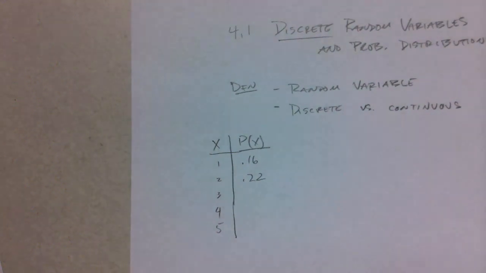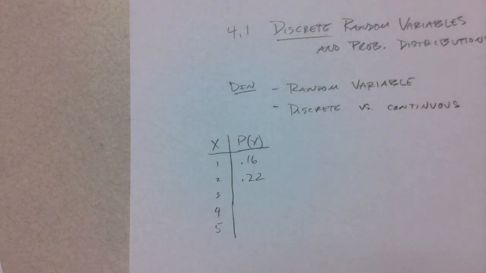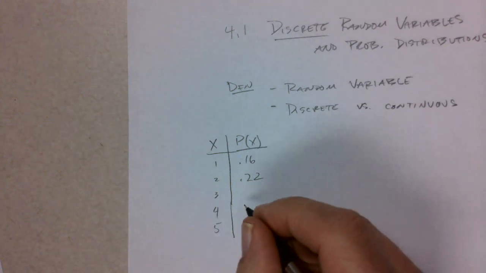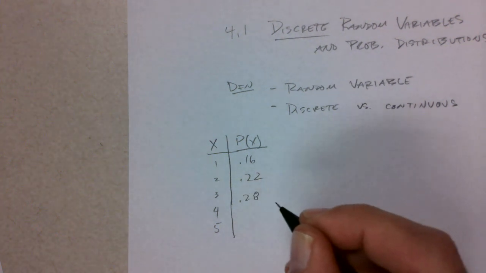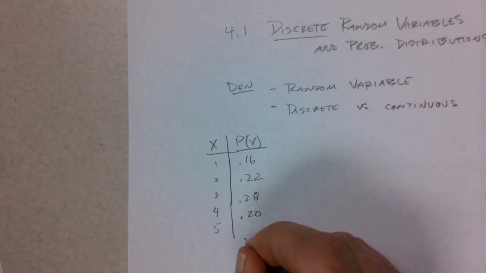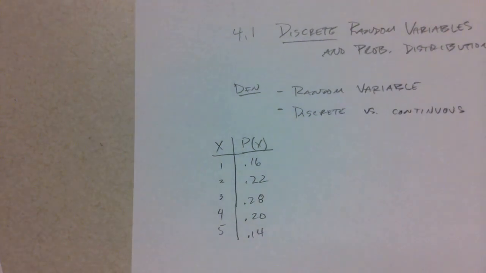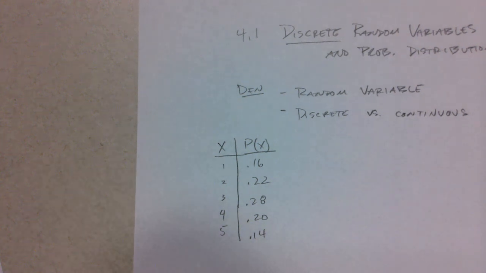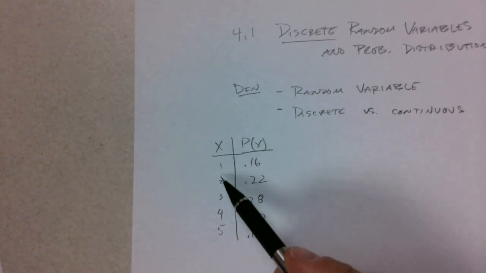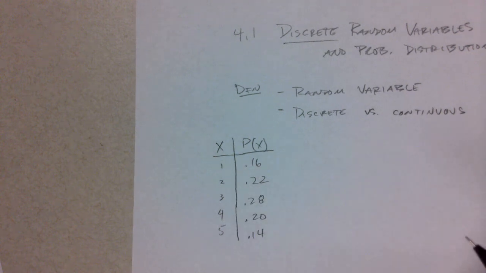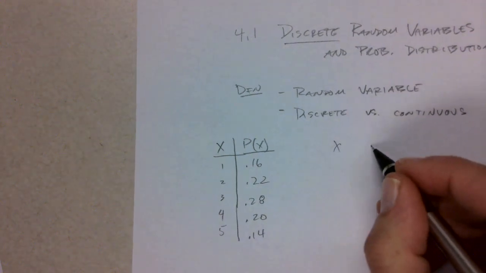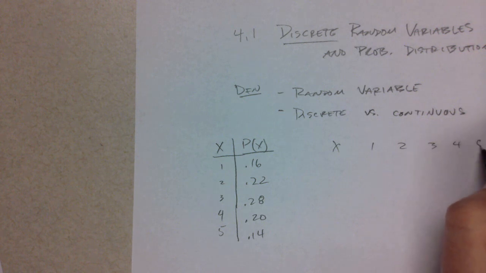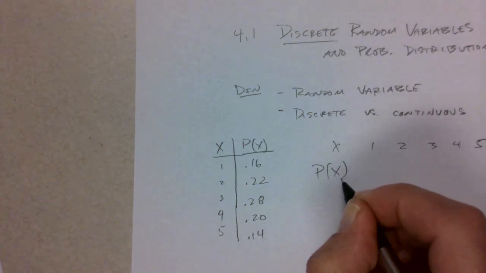Can you see that? I wish I could make this brighter. If you see a chart like that, then you know, oh, this is a discrete probability distribution. These are the finite numbers, right? There's 5 of them in this case. Or maybe it would be written like this: 1, 2, 3, 4, 5 with the probabilities under them.